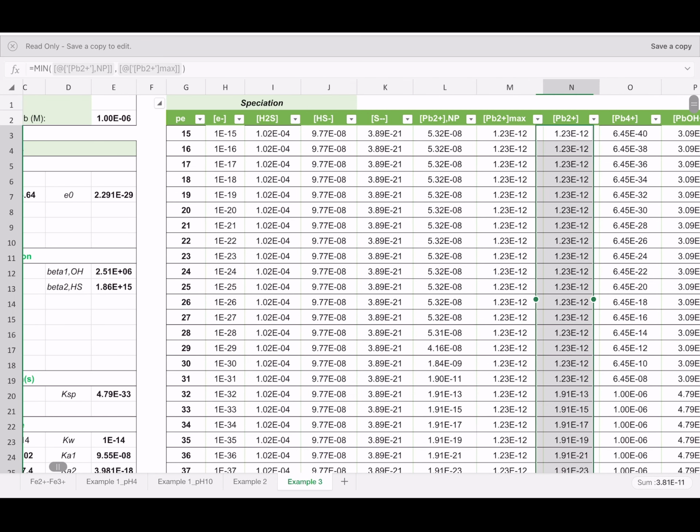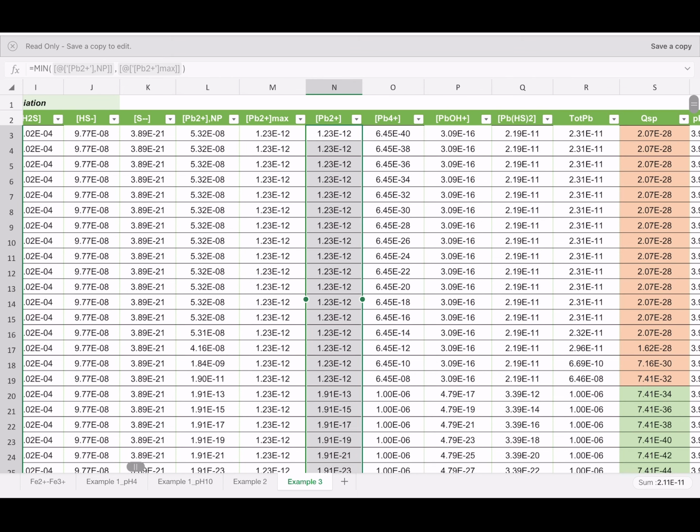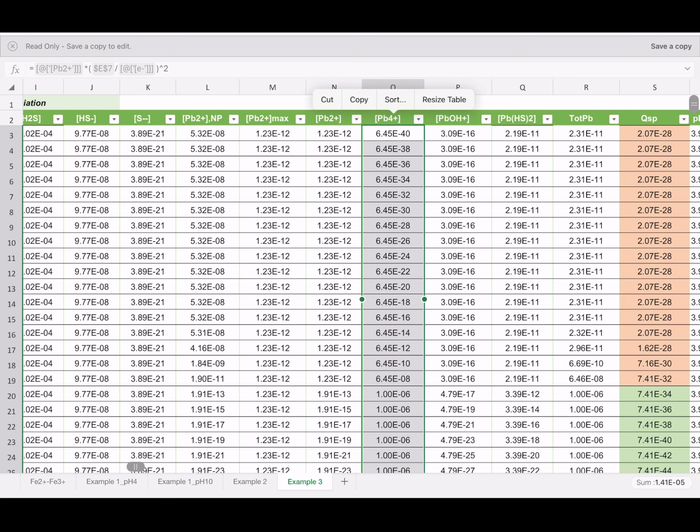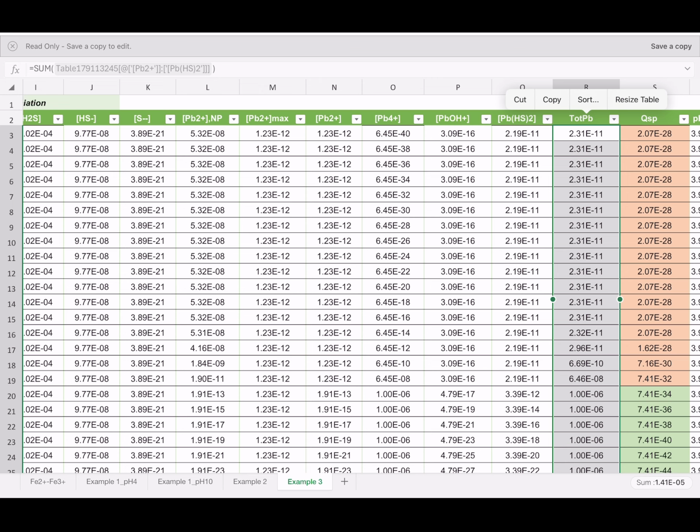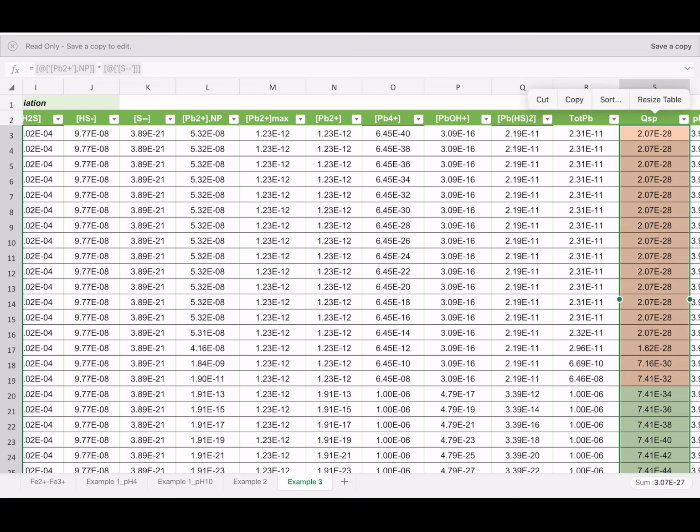Once we have that, the minimum between the two would be the Pb2+. Once we have Pb2+, there is a redox relationship between Pb2+ and Pb4+. So that is a function of E and E0. Then this is a complexation reaction, a function of beta. This is also beta, and this is basically the total. We can also look at the QSP and compare it with Ksp to see whether we have undersaturated or oversaturated.